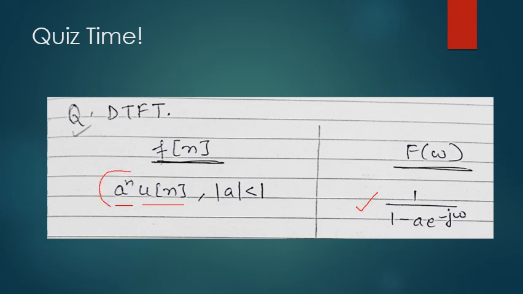Now we remain with a raised to the power n. In the summation, we will add from n equal to 0 to infinity. So the various powers of a that will come into consideration are a raised to the power 0 plus a raised to the power 1, a raised to the power 2, up till infinity.